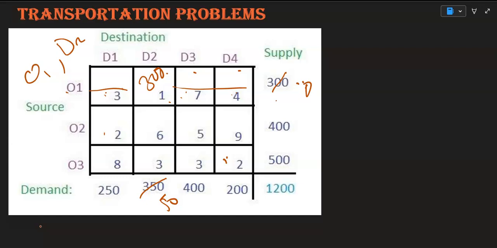How do you prioritize? Okay, you know that rows are going in this direction and columns are going in this direction. So if at all they are in different rows, start counting row 1, row 2, and row 3. So priority starts from row 1. If the smallest is in row 1, you start with row 1.